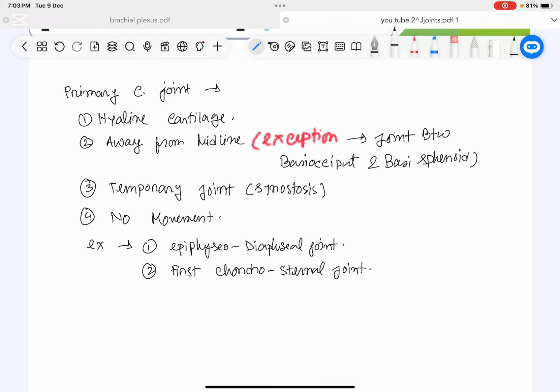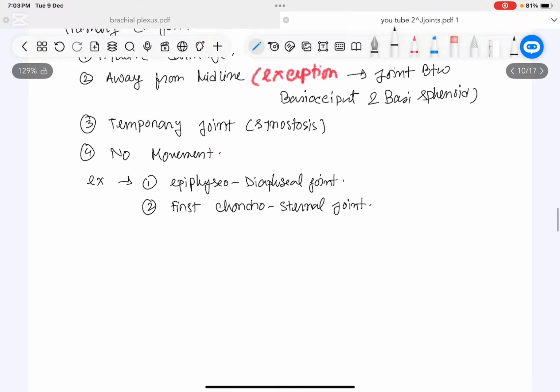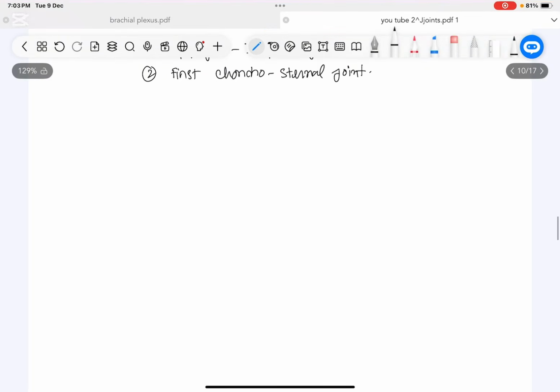These are examples of primary cartilaginous joint. Primary cartilaginous joint when we cover, we will be heading for secondary cartilaginous joint.